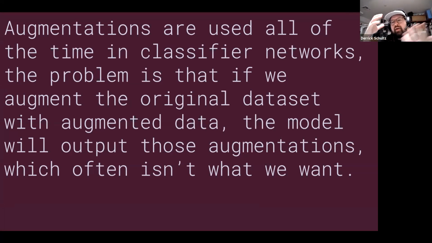Or if those classifiers have only ever seen cats standing straight up, and then you show a cat laying down, you still want it to know, hey, that's a cat. So augmentations have been used as a way to create additional data for a classifier network to say that's still a cat in that photo, or that's still a goat, or a sheep, in that photo. So now we're starting to bring that to GANs, and we're trying to figure out the right way to do that.